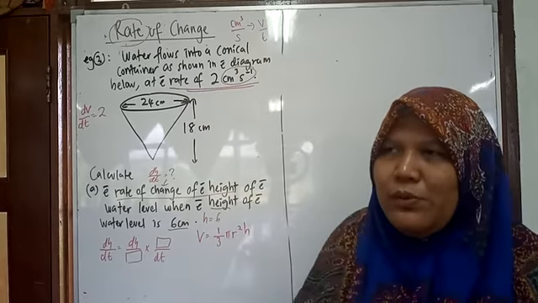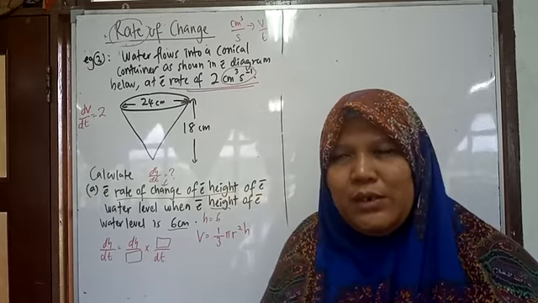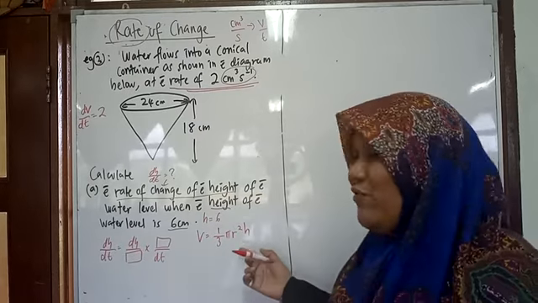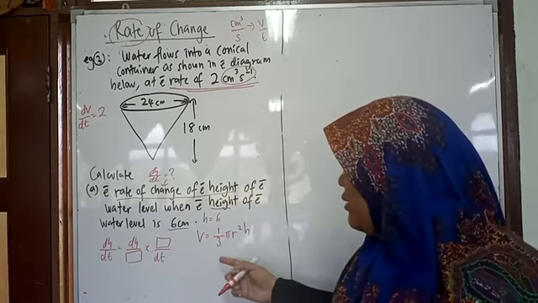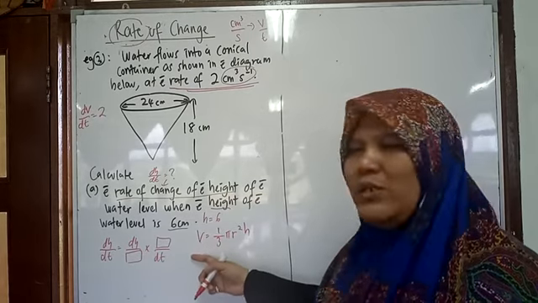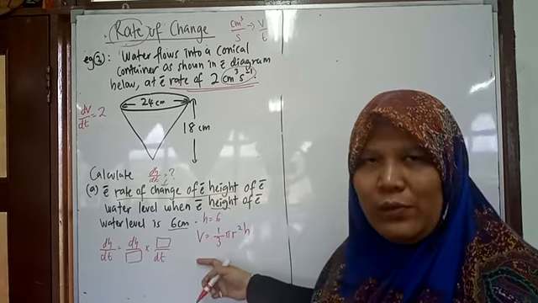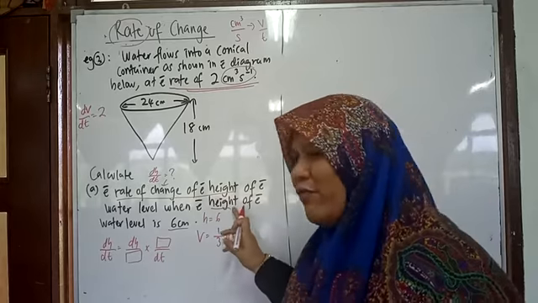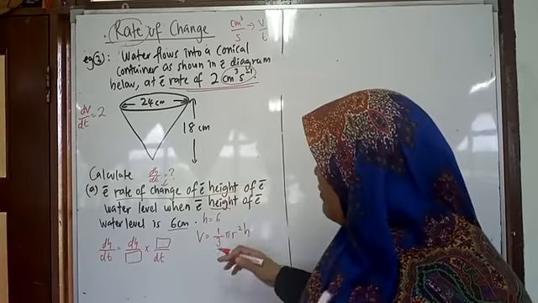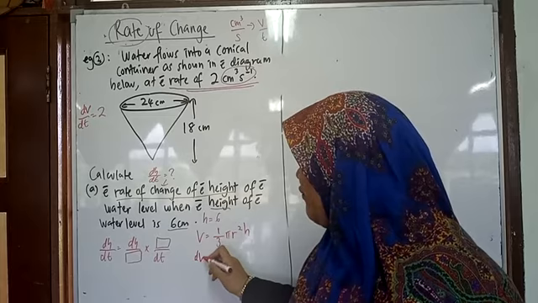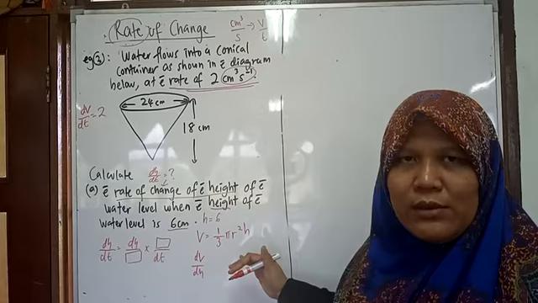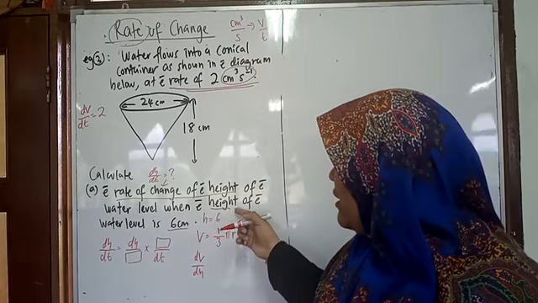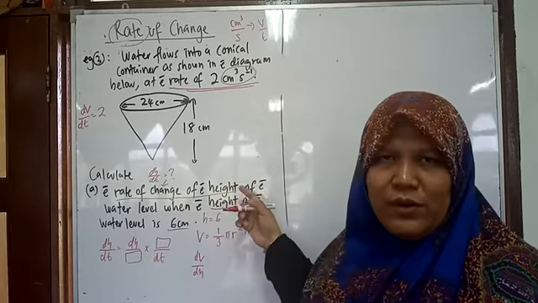But you need to remember, when we differentiate a function, we need to differentiate it in one term only, whether V with respect to r or V with respect to h. Since the question involves height, we need to find dV/dh. We need to differentiate volume with respect to height because the question asks for the rate of change of height.